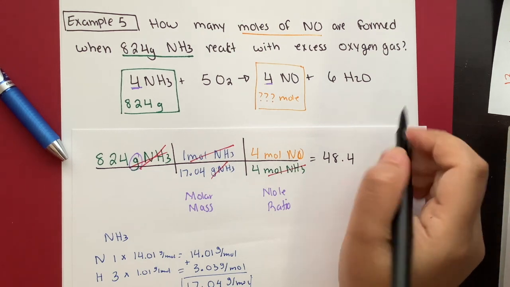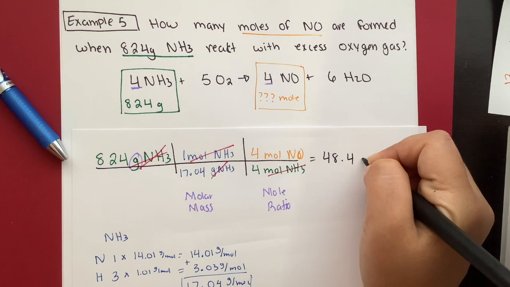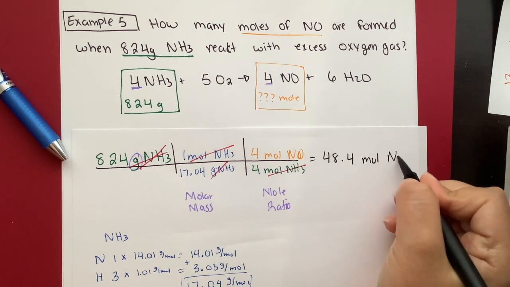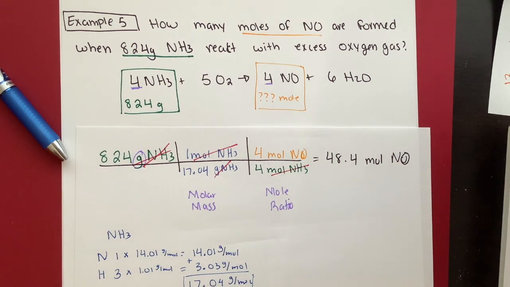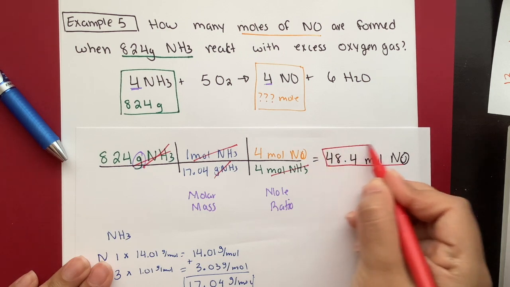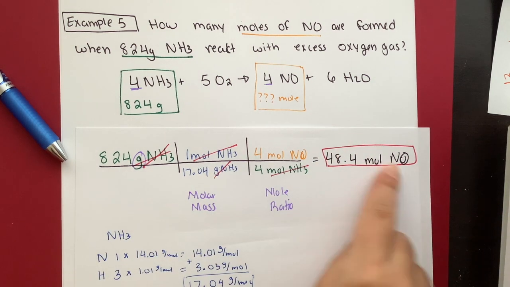So my calculator gives me 48.4. Remember that my answer needs units, moles of NO. Since that was the only thing that was not crossed out, that is my answer. So my final answer is 48.4 moles of nitrogen monoxide, NO.